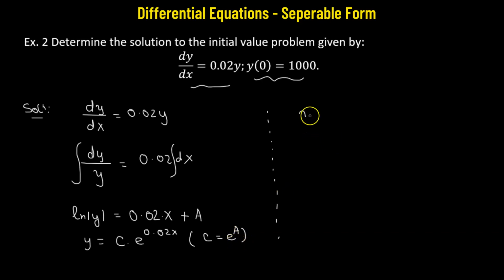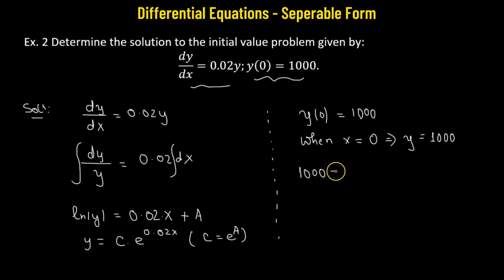Now we will use the initial condition y(0) equals 1000. So this means that when x equals 0, y will be equal to 1000. Let's substitute this into our equation. This will give us 1000 equals c times e raised to the power of 0.02 multiplied by x. Our x value is 0.